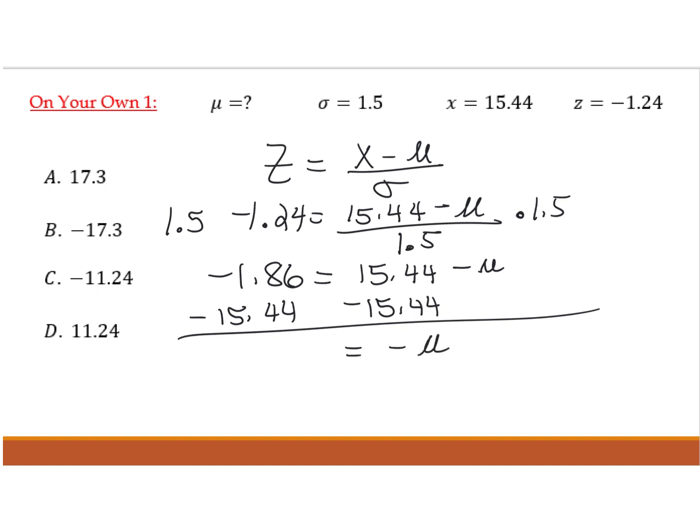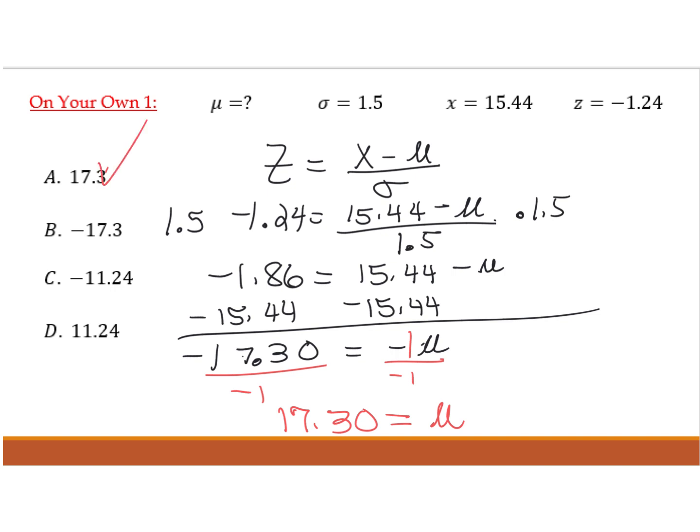On the left side, I'm going to combine these together, and I get negative 17.30. Because this is a negative mu, I am going to be dividing both sides by negative 1. And I find that my answer is 17.30 is equal to the mean, which was answer A.